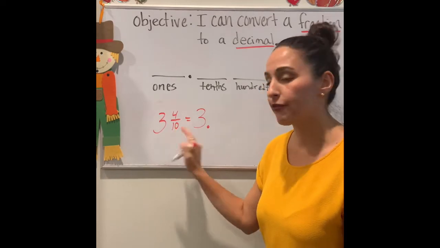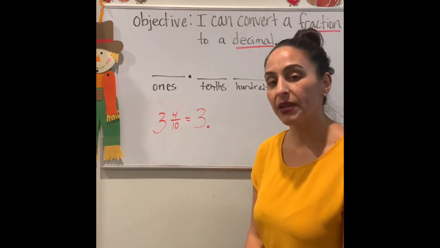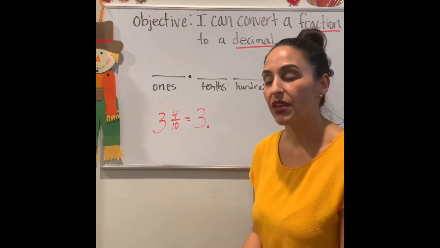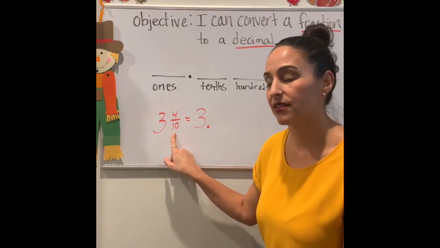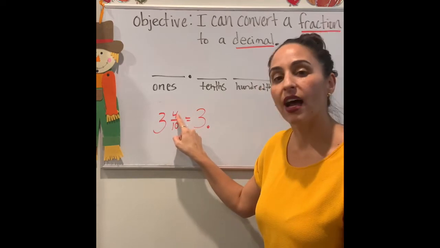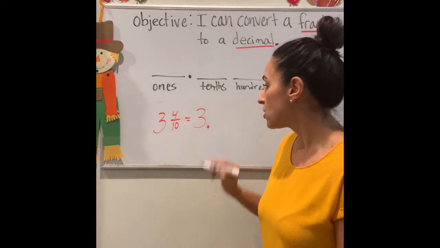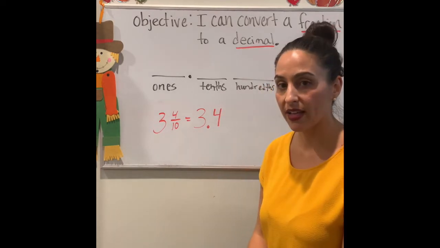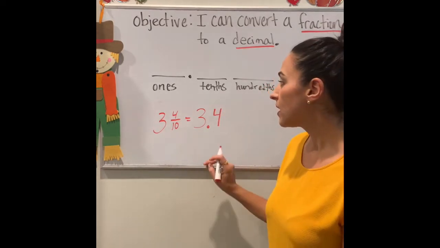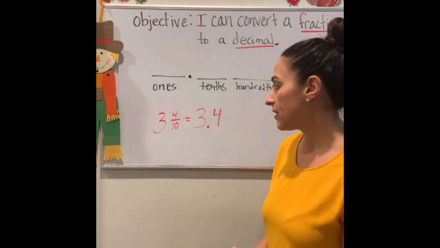I also have a fraction. This fraction means it's less than one whole thing. And it goes up to my tenths place. It means I cut my next piece into 10 pieces. There it is. And I have 4 out of the 10. So that goes in the tenths place, 4/10. So I have 3 wholes and 4/10.